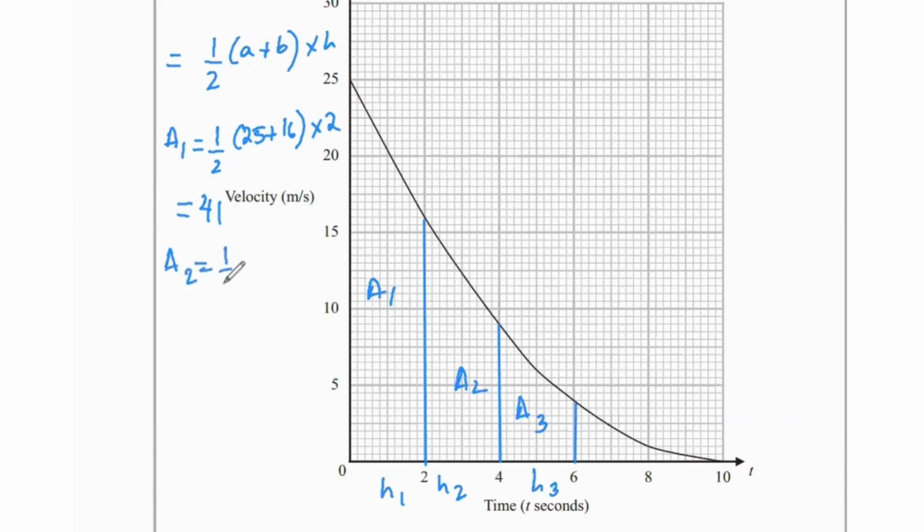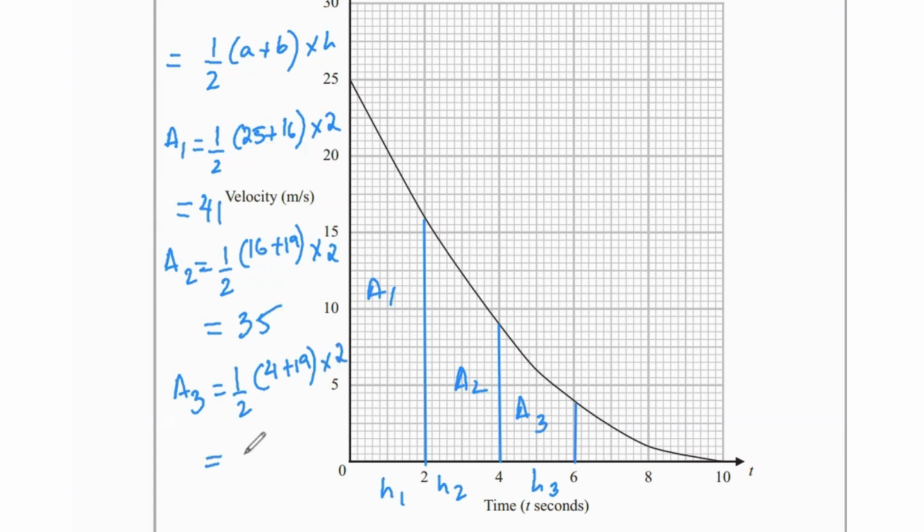Area 2 is 1 over 2 times 16 plus 19 times 2. So that's going to be 35. And area 3 is going to be 1 over 2 times 4 plus 19 times 2 again.